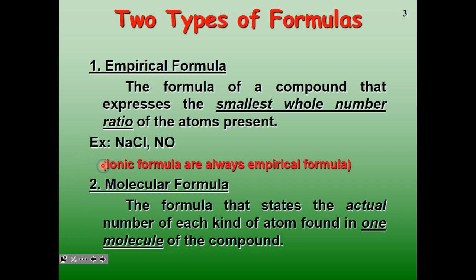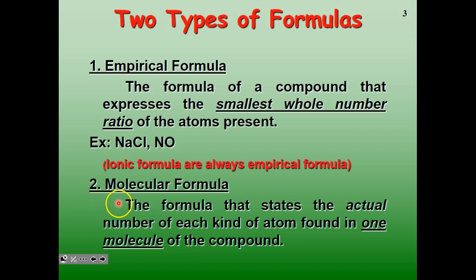And it's important to note that for every ionic compound formula that we've been writing, remember we always reduced the subscripts. So ionic compounds are always written as an empirical formula, okay? Molecular compounds, on the other hand, compounds held together by covalent bonds, might not be in the smallest whole number ratio, okay? So we say that we have a molecular formula.